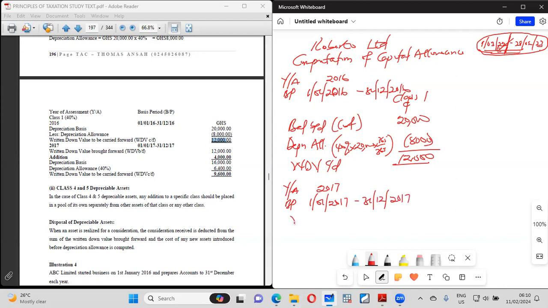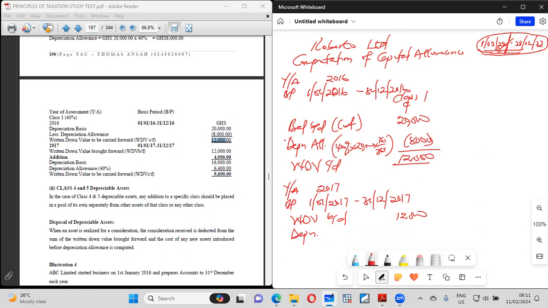Then you bring the WDV brought down, 12,000. Then you do depreciation allowance. You continue like that if there is no addition. But if there is an additional purchase, then you add the additional purchase. If there is a disposal, you will deduct the disposal.